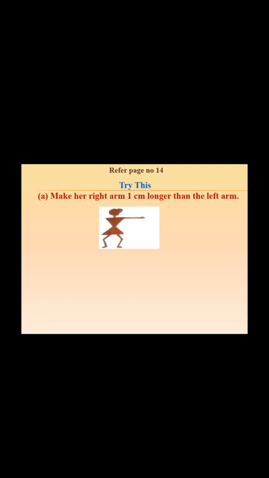So, the length of her right arm will be 2 plus 1 centimeter, that is 3 centimeter. As you all know that her right arm is 1 centimeter longer than her left arm. So now you have to draw her right arm, that is 3 centimeter long. This diagram shows the right arm 1 centimeter longer than the left arm.